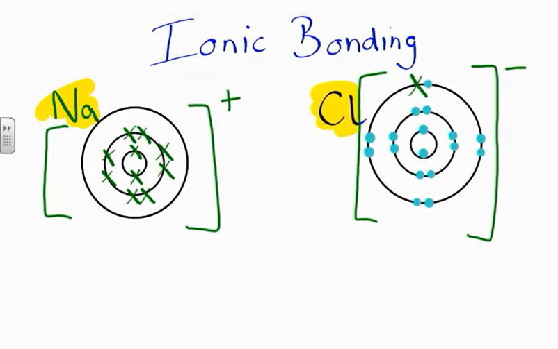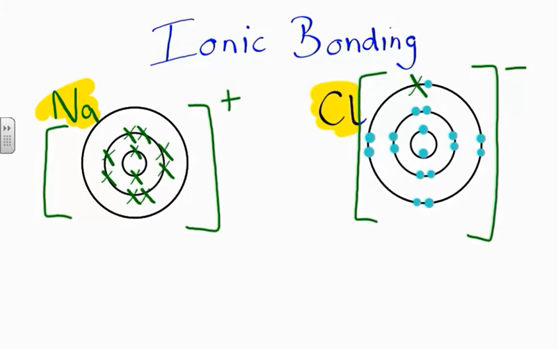So what you would see in an ionic structure, you would have positive ions next to negative ions in a nice regular arrangement in a 3D structure. So in this particular example, we have 1 sodium ion and 1 chloride ion attracted to each other.